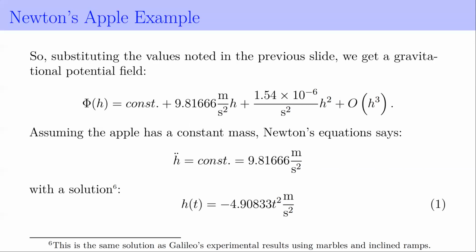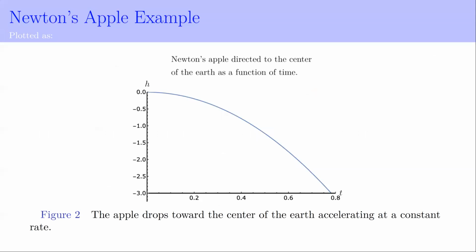The solution is minus 4.908 t squared. Same results that Galileo got using his marbles and inclined ramps. So Newton's apple is directed to the center of the Earth.